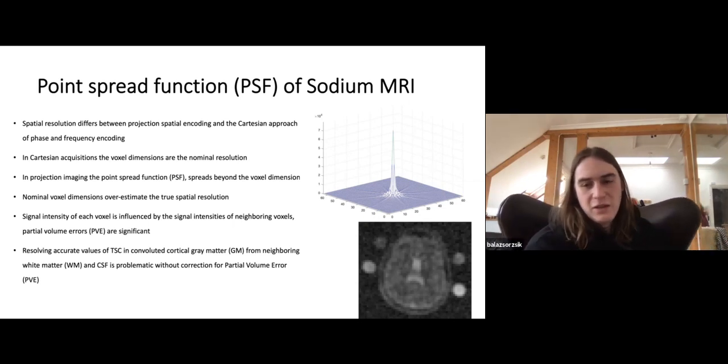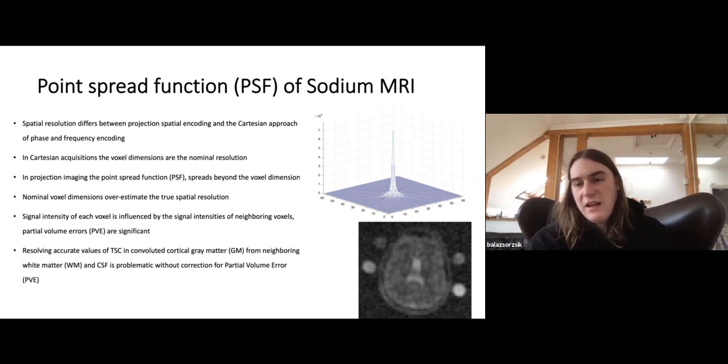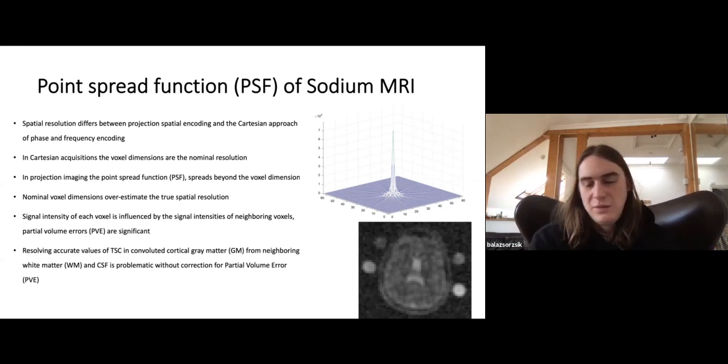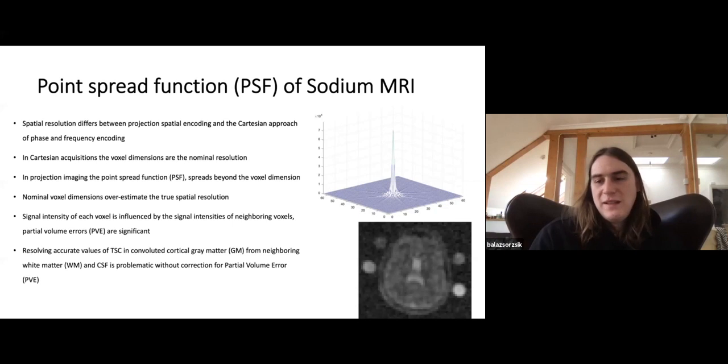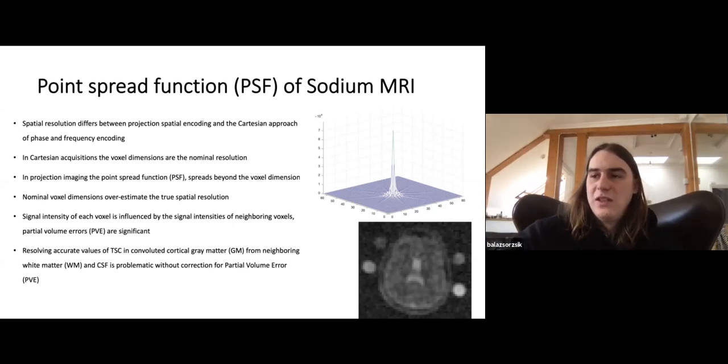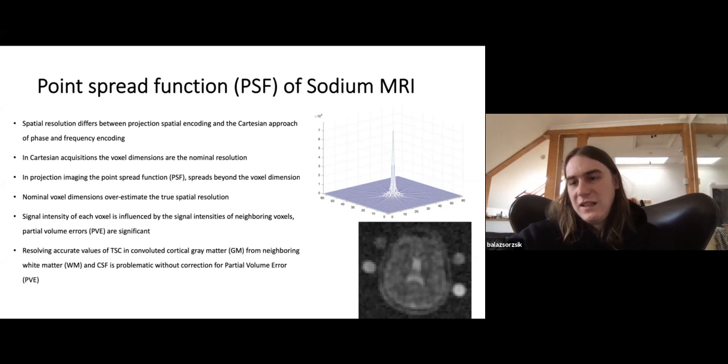But this method doesn't take into account the PSF, the point spread function, which basically creates a resolution mismatch. So when the co-registered image shows a voxel which is 99% gray matter, it actually will have signal from white matter and CSF as well.